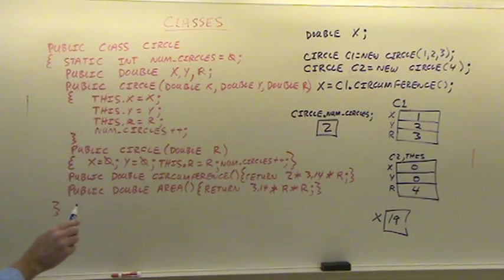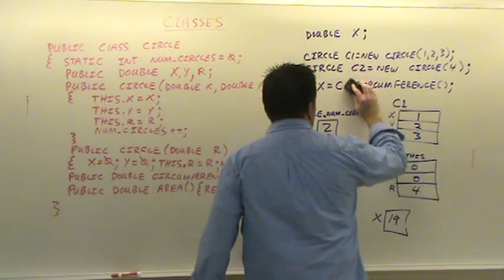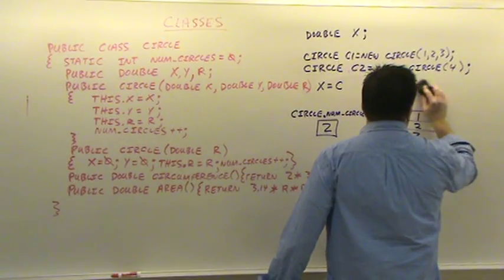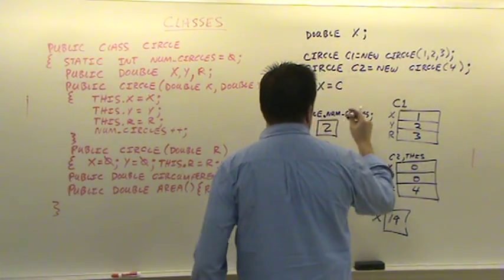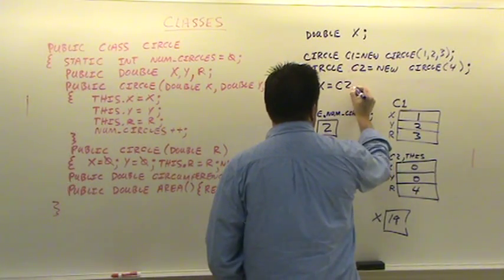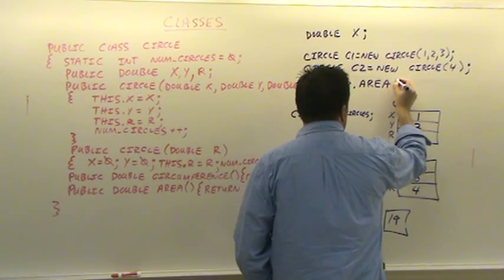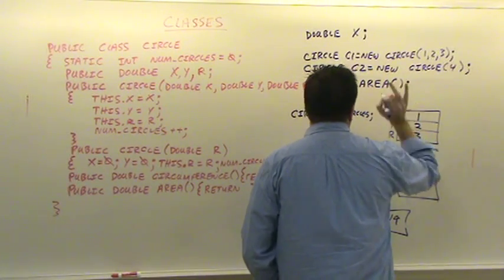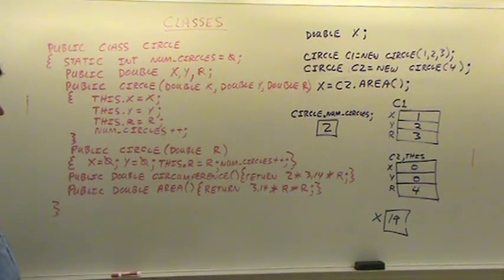Okay, now suppose, using this class, the class that's in red, we wanted to get the area of C2. X is equal to C2 dot area.